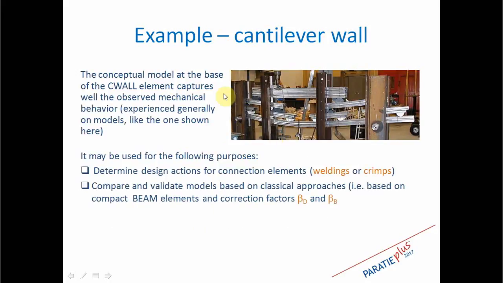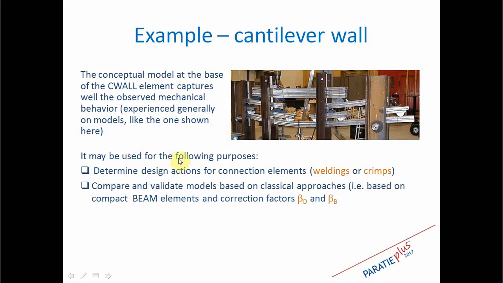Of course, the results from that example stem from a laboratory test of a wool model, but of course this shows that the element has the capability to model the expected behavior.